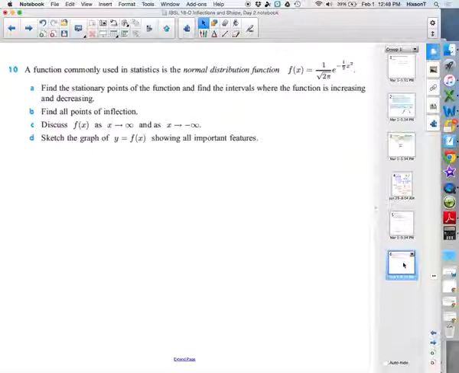But you can find the stationary point of the function, find where it's increasing and decreasing, and you can find points of inflection. And then you can discuss what is happening as x approaches positive and negative infinity, and sketch it and show the features. So that one's a good application, and also tying it to the stats we did in the past.